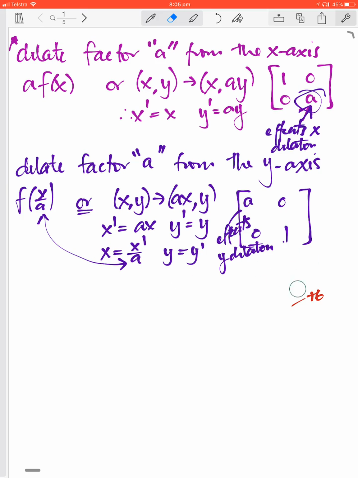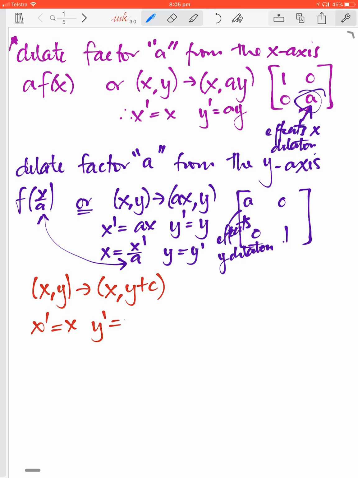Let's have a look at y units, moving up and down in y. So if I said x comes first, x, y goes to x, y plus c. We say x dash is equal to x, y dash is equal to y plus c, x equals x dash, y equals y dash minus c. Now you might think, hang on a sec, that's minus.